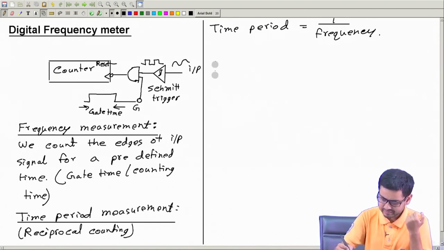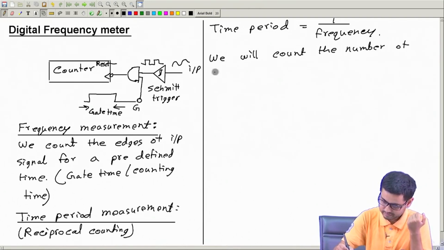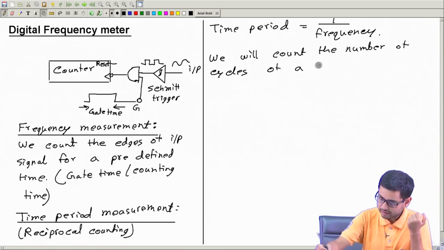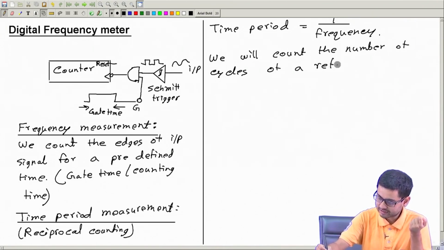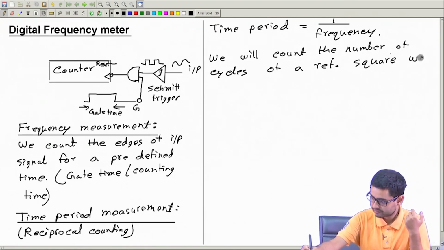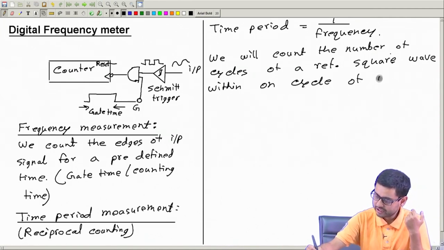And what do we do here? We will count the number of cycles of a known frequency signal or a reference signal, reference square wave, within one cycle of input signal.